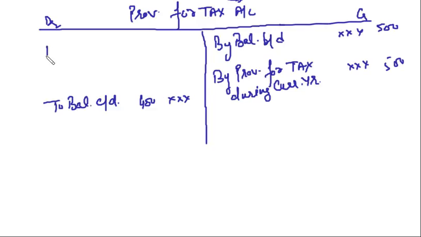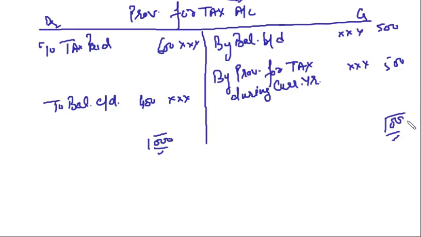Now this is 1000, this is 400. What is the balancing figure? You have spent 600 somewhere. This spending is what we say as tax paid, 600. So this is 1000 and this is 1000. This is how from provision for taxation account we can find out the figure of tax paid. This is the balancing figure.